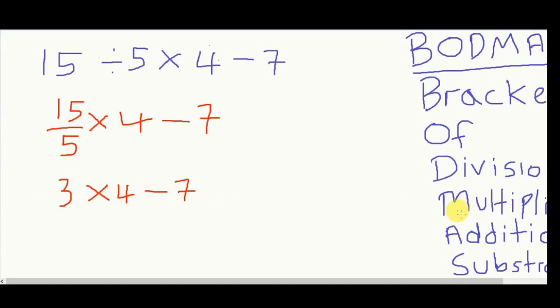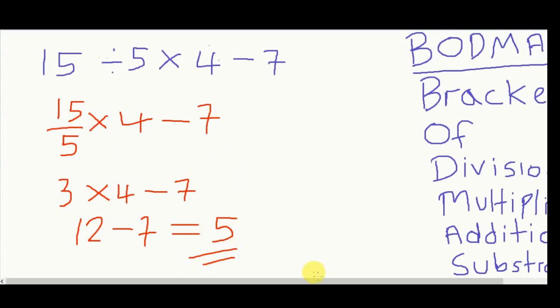Based on the BODMAS rule, we would have to multiply before we subtract, because multiplication comes before subtraction. So 3 times 4 is 12. 12 minus 7. So 7 from 12 is 5. So this is the answer. 5 is the answer.